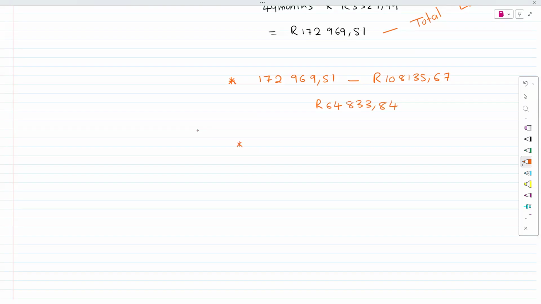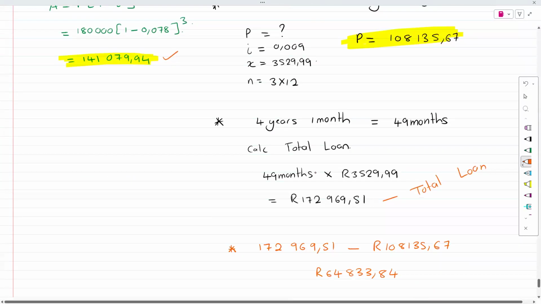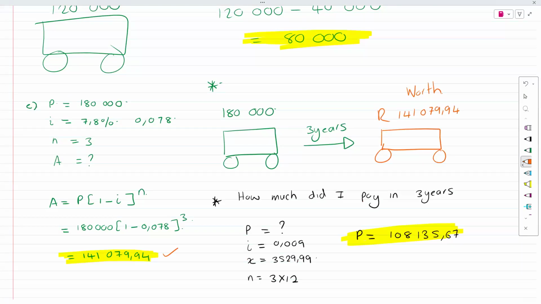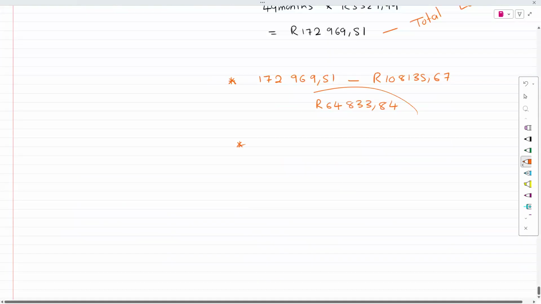And the last part would be to compare these two together. And I can say, listen, I know my car is worth 141,000, but my loan that I have left to pay is 64,000. So my car is worth more than the loan.